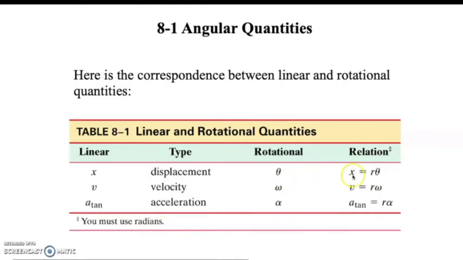Linear distance is equal to radius times your angular displacement. Your linear velocity is equal to your radius times your rotational velocity. And your tangential acceleration is equal to the radius times your angular acceleration. So you can see radius is very important when we talk about circular motion.